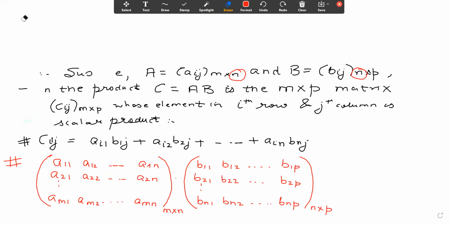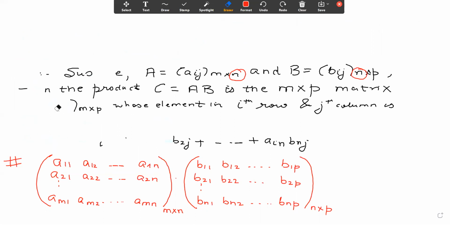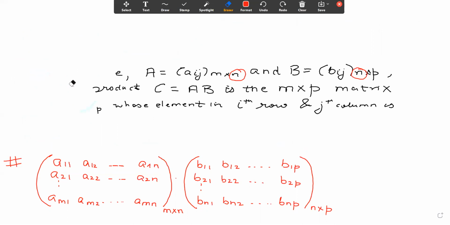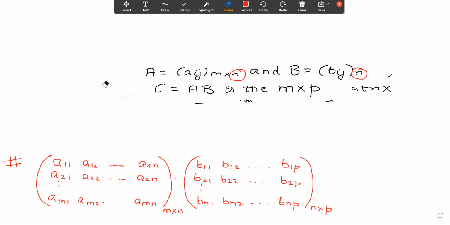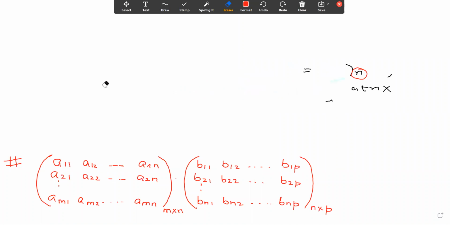The definition was done just for completeness. Otherwise, what really matters is how you actually multiply the two matrices. So I'm erasing everything here, and on the top of the screen, I will now be multiplying these two matrices. Okay, so now let's multiply them.